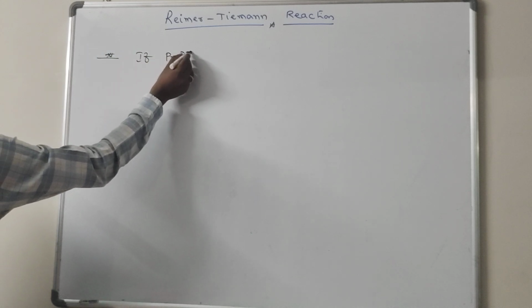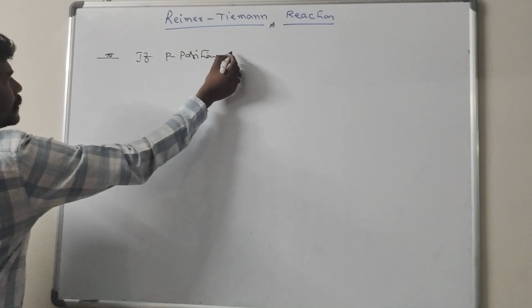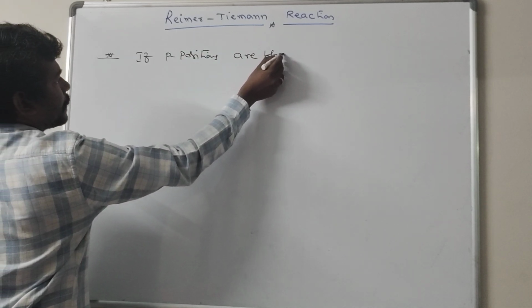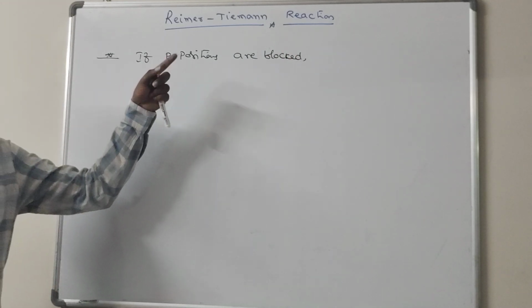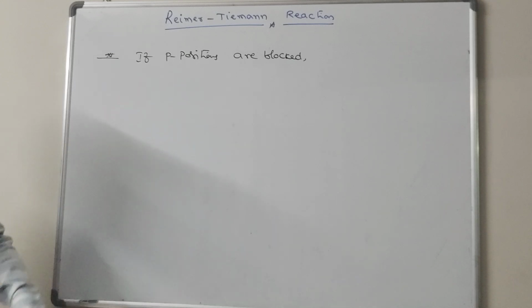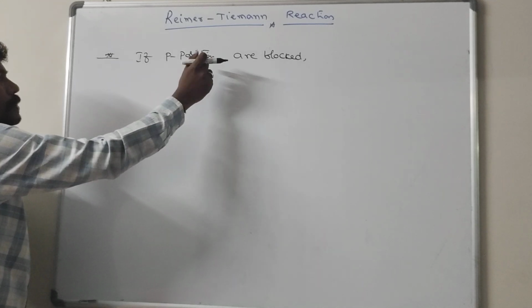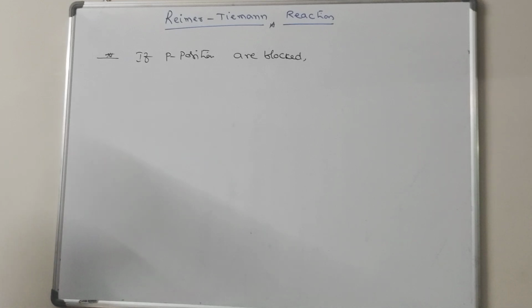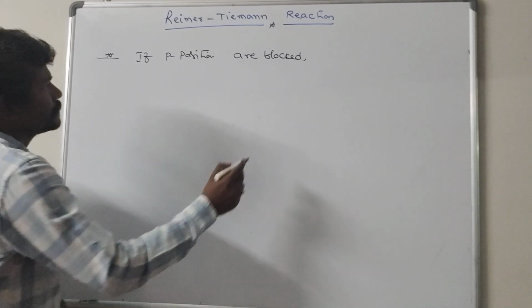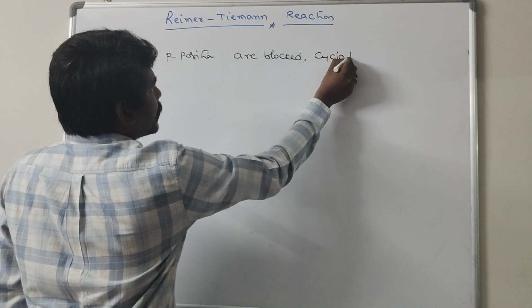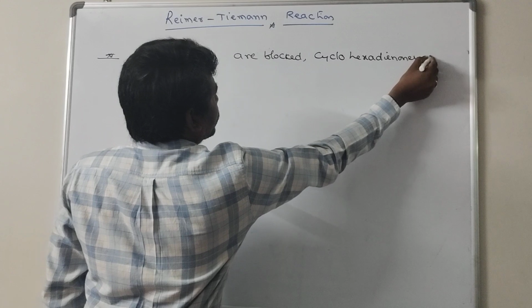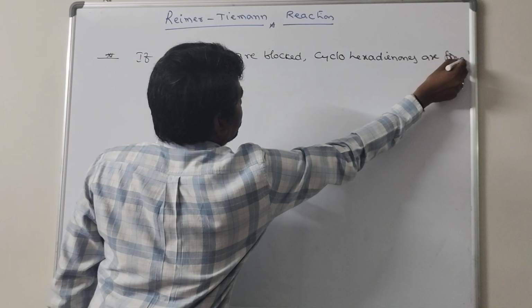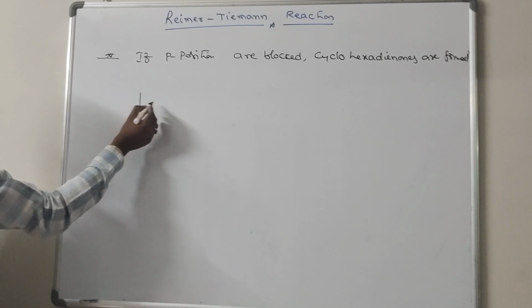In the earlier case the ortho position was blocked; now if the para positions are also blocked, then cyclohexadienones are formed. Let us see one example.